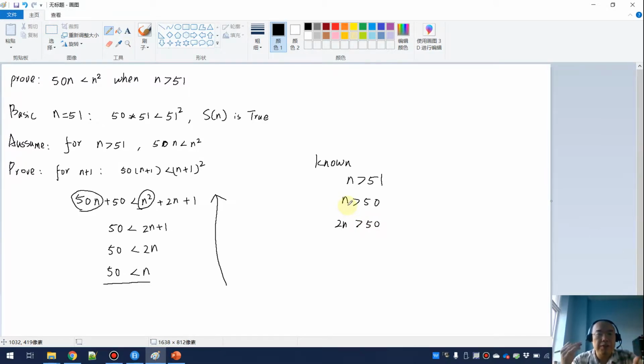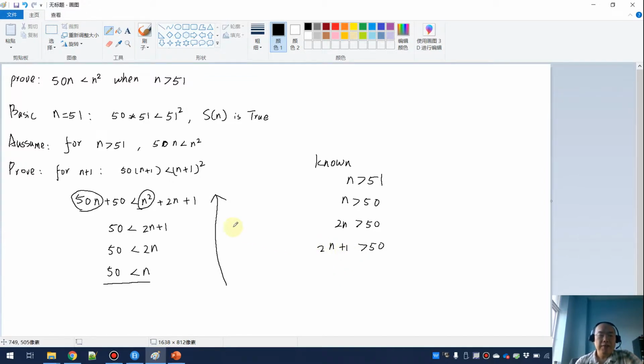So we started from the obvious thing, and then we move down. And then where am I going? And then we say if 2n is already greater than 50, then 2n plus 1 is of course greater than 50, because I'm adding one more positive value to the left side.